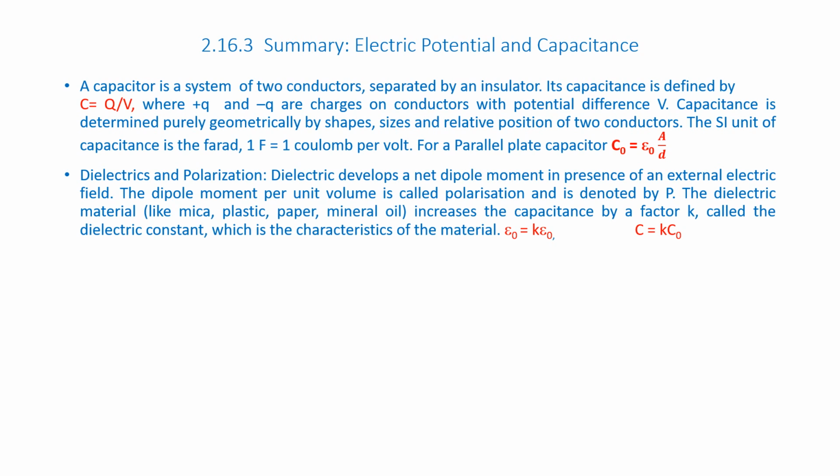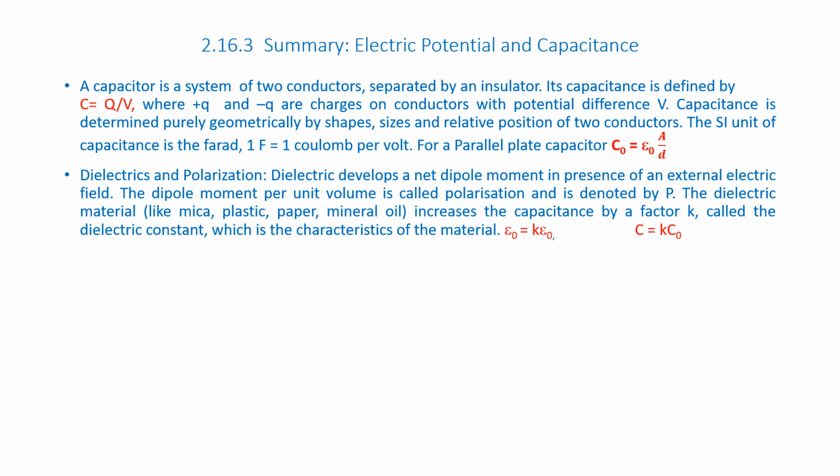Dielectrics and polarization. A dielectric develops a net dipole moment in the presence of an external electric field. A dielectric is a material like mica, plastic, paper, or mineral oil, which is inserted between the two conductors of the capacitor to increase the capacitance.